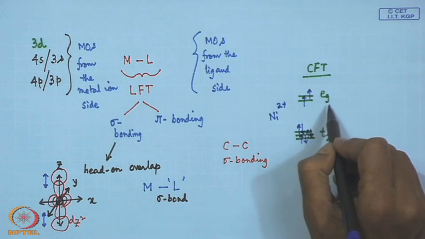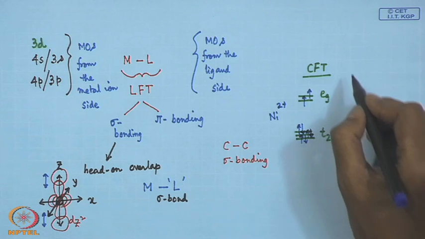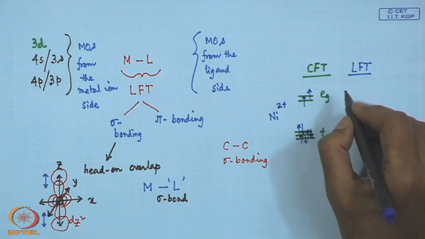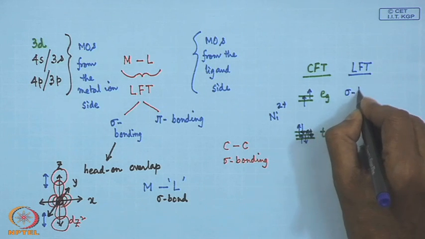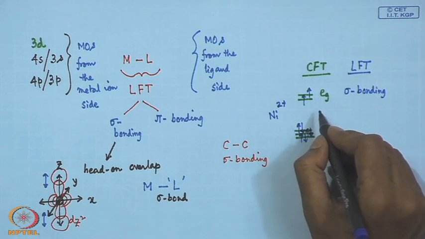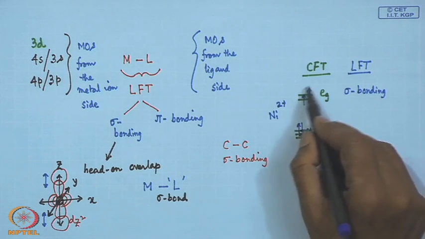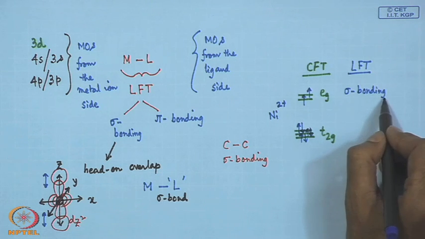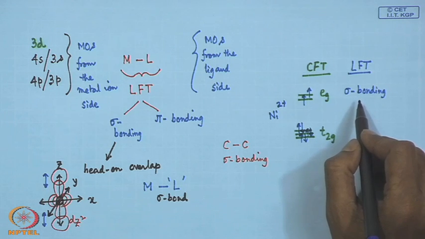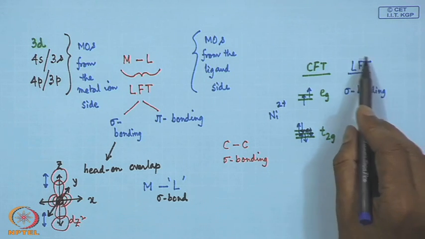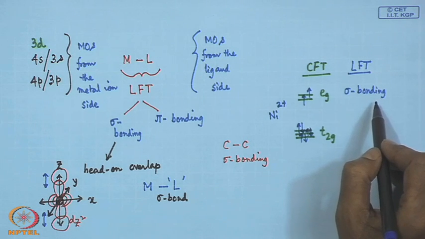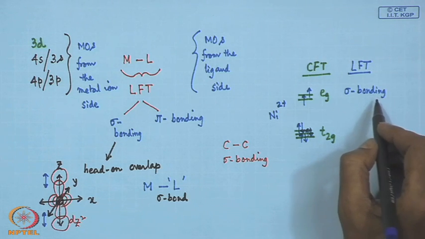Now, in terms of ligand field theory, we find that the symmetry level is matching for sigma bonding for these Eg orbitals. So, only these two orbitals can show some sigma bonding interaction for the nickel 2 plus ion with the ligand molecular orbitals, and they will show only the sigma bonding interaction with the ligand system.